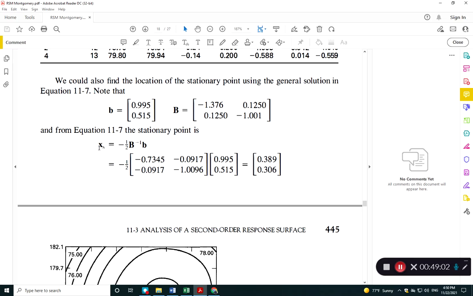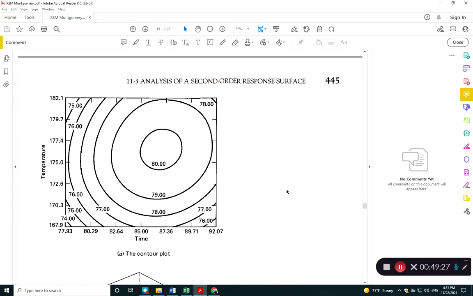SAS will tell you where your stationary point is, but you can use Excel to calculate the stationary points. Agree? Can you calculate B inverse? Can you calculate B inverse times b, divided by half times negative 1? This can be done in Excel too, right? So you can double check and make sure you have your stationary point.